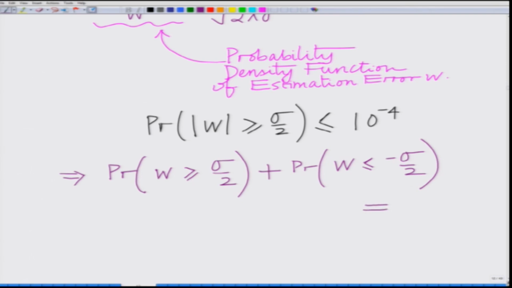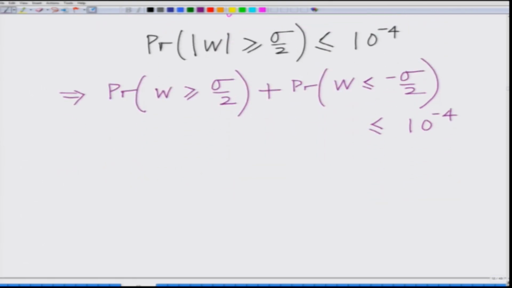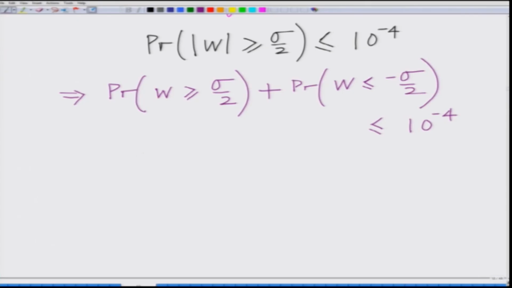And the sum of the probabilities corresponding to both these scenarios must be less than or equal to 10 to the power of minus 4. Now, basically this w is a Gaussian random variable. So, its probability density function is symmetric about 0. Therefore, the probability that w is greater than or equal to sigma by 2 is the same as the probability that w is less than or equal to minus sigma by 2.